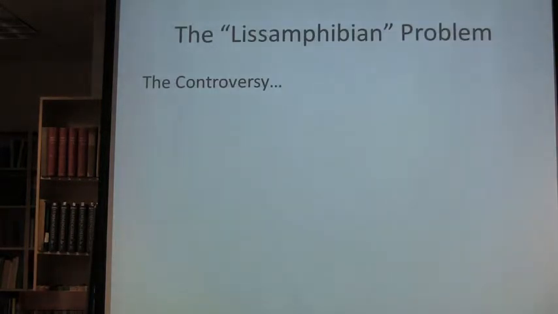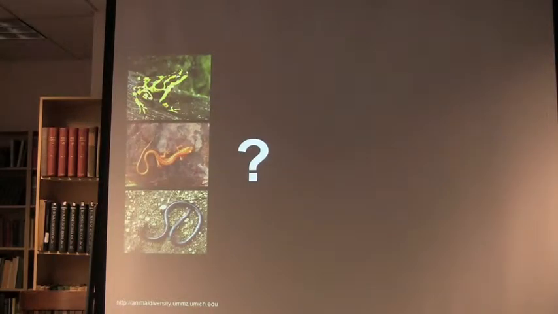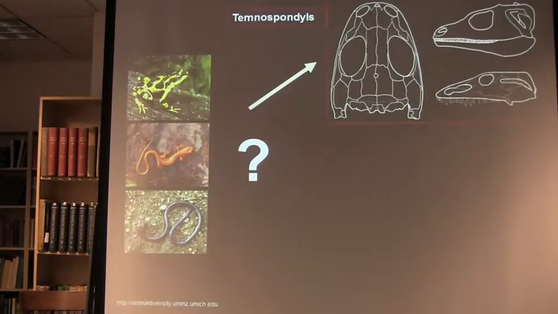So the problem is, what is the nature of, or which archaic group of fossil amphibians is sister taxon to, or gave rise to modern amphibians, and how many steps did this process take? The majority view is that modern amphibians are a monophyletic group.